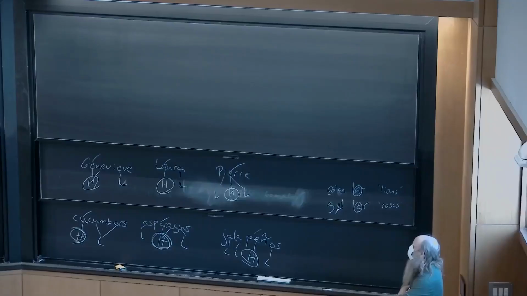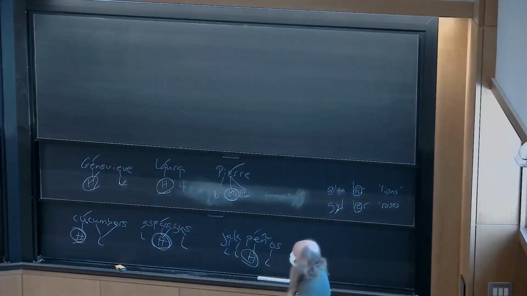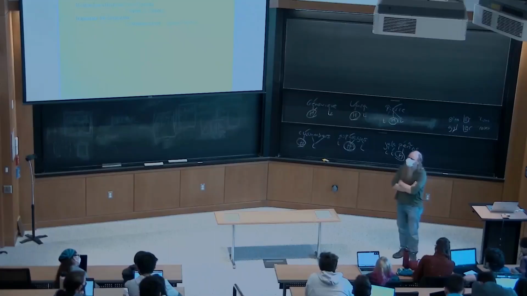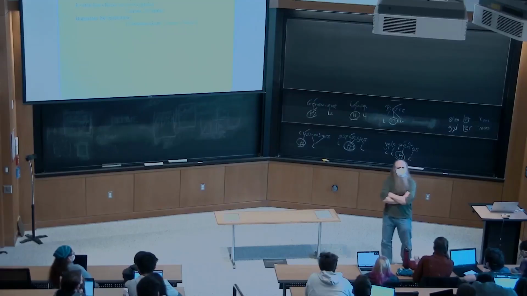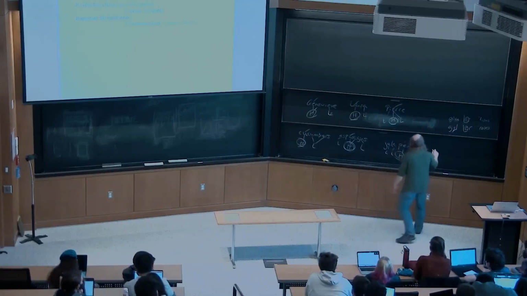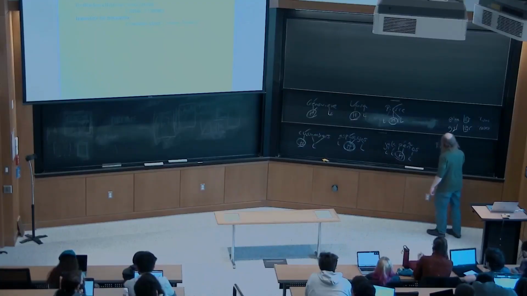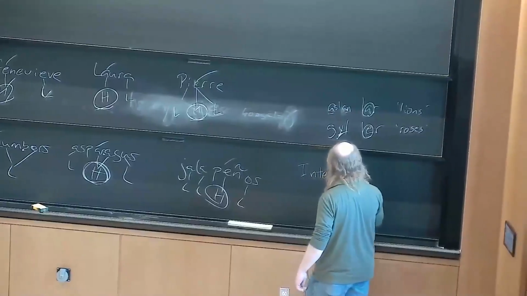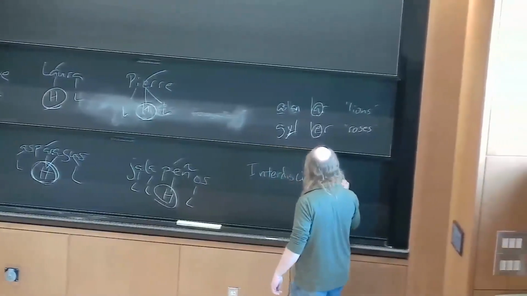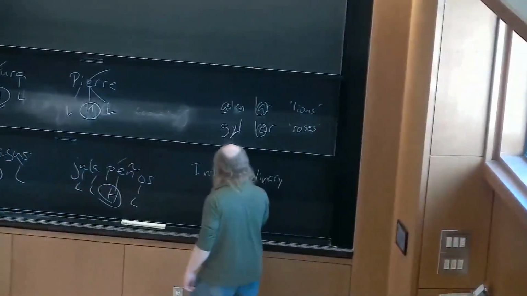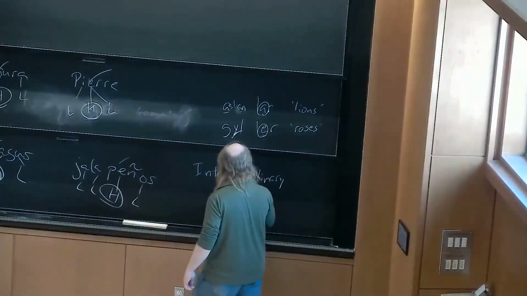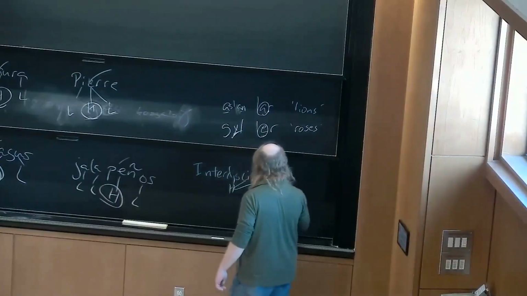So suppose I'm selling interdisciplinary. Or suppose I've named my child interdisciplinary. It's interdisciplinary. Is that right? Yeah, I think that's right. So that's a nice name for a child. Interdisciplinary, it's low here.